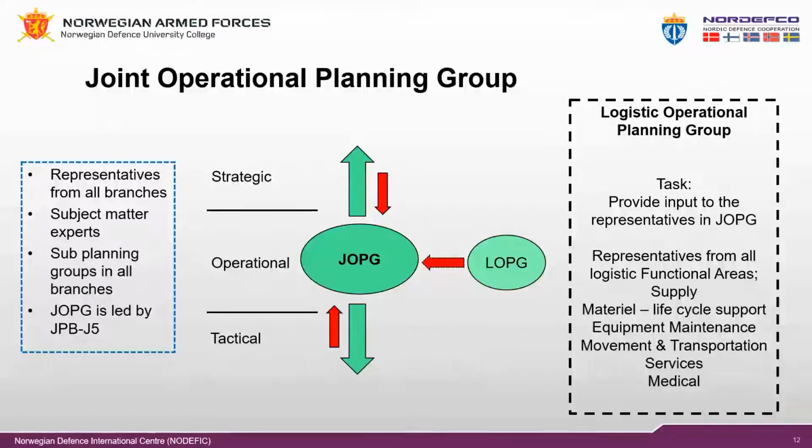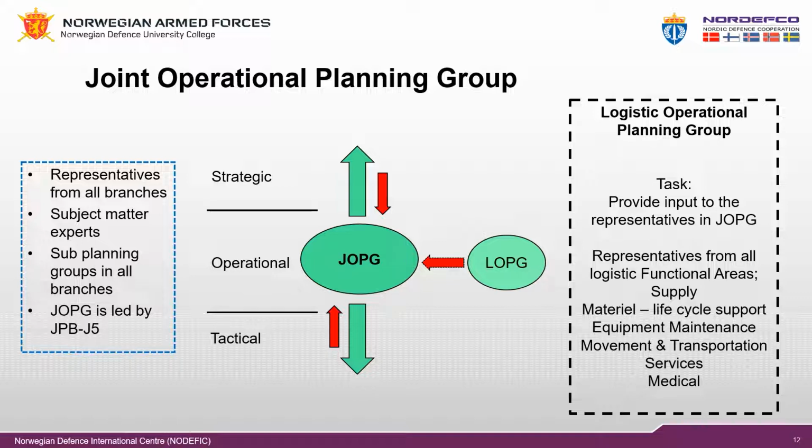The Joint Operational Planning Group will normally be activated in Phase 2 and be composed of representatives from all branches, including augmented representatives and subject matter experts when needed. Each branch has at least one representative present in the Joint Operational Planning Group. The different branches' representatives will therefore be supported by their own sub-planning groups.